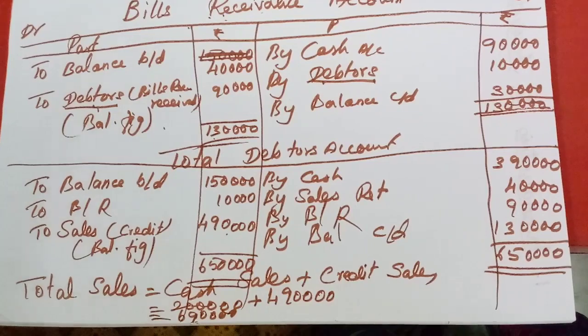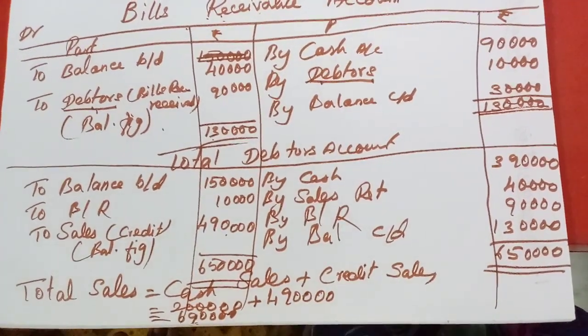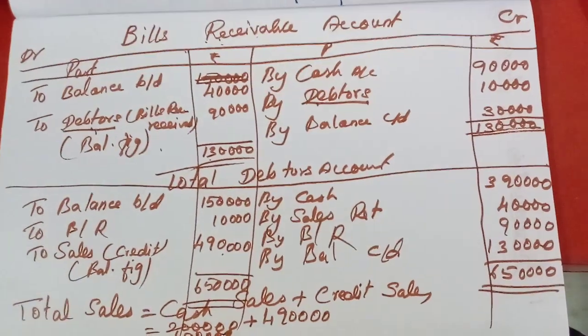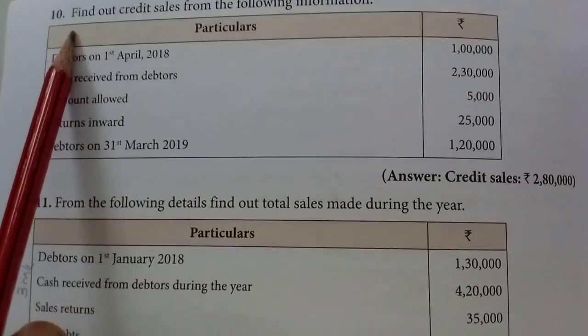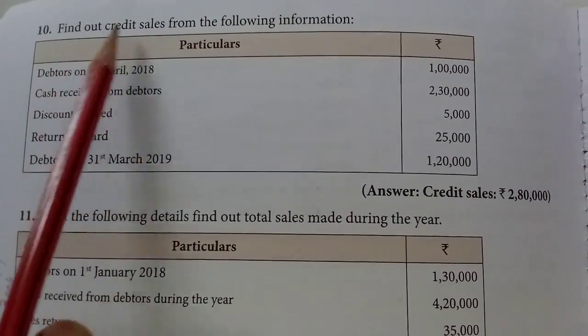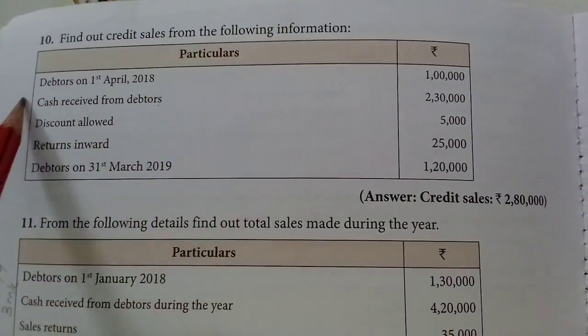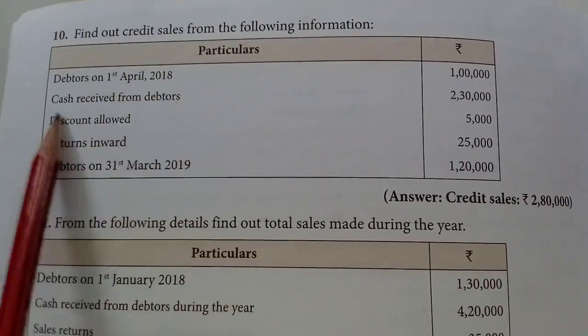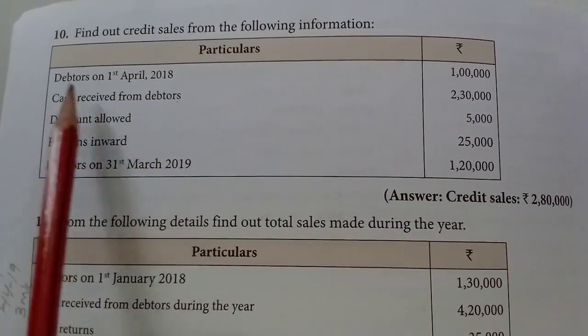So you can do all these exercises up to exercise 13 that I will just explain to you. Up to 9 we completed yesterday. Today, 10. Find out credit sales. So for credit sales we have to prepare the debtors account.